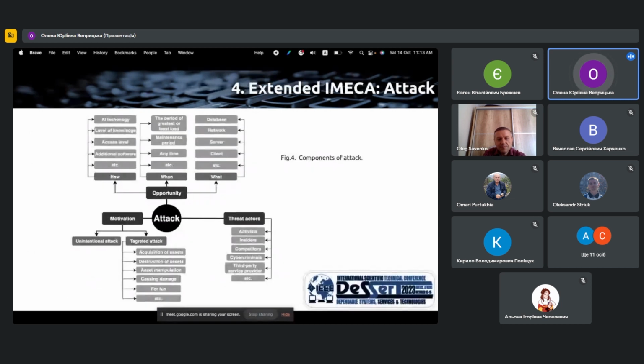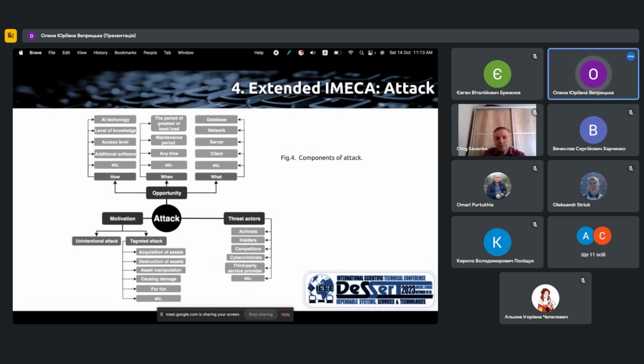In order to define more accurate components of attack, it is better to know who is about to attack your system and with what purpose. It could be activists, competitors, third-party services, service providers, and so on. Attackers may have specific goals or act without any intention.